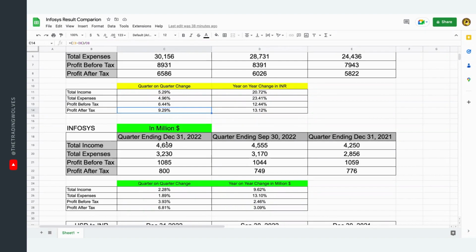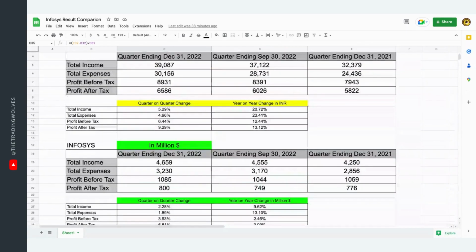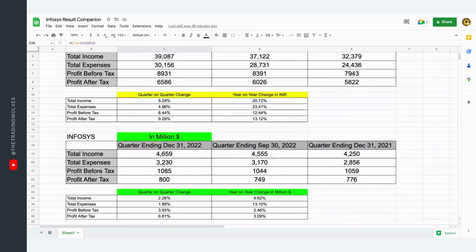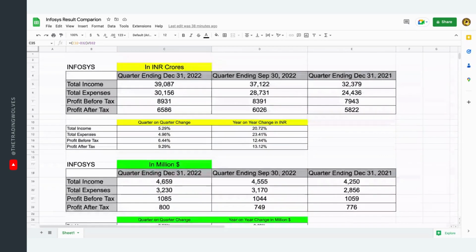However, on a quarter basis, definitely there is a growth, and the rupee has only become weaker by 1%. So guys, this is a new perspective on how you should look at Infosys results. It is more about global economic factors rather than the company taking significant measures to increase their revenue and profits. So this is my analysis of it.